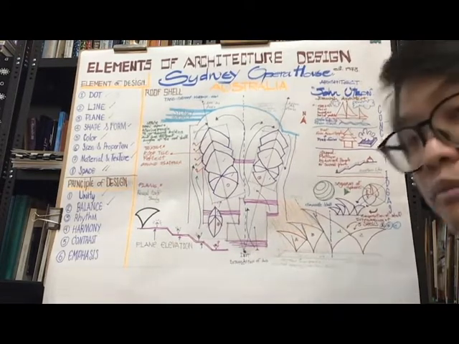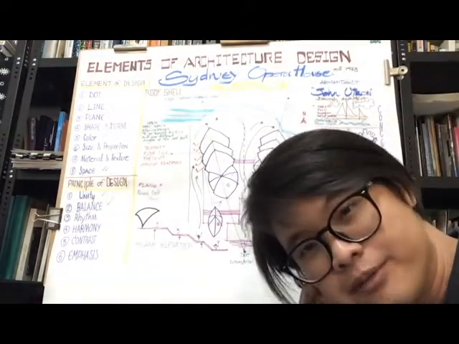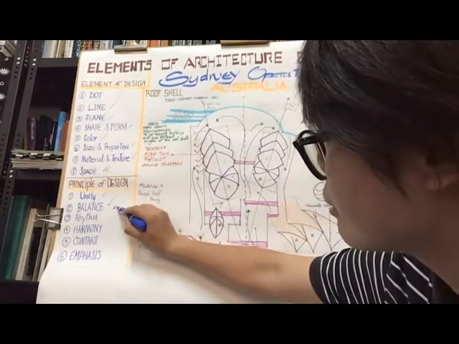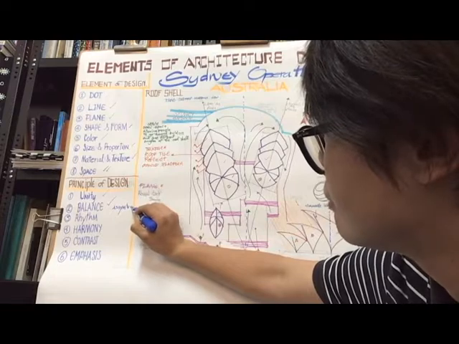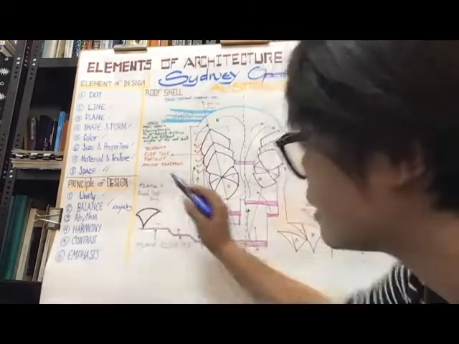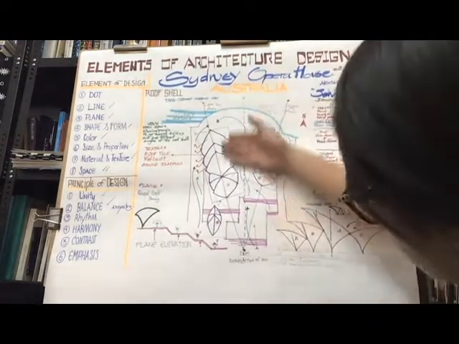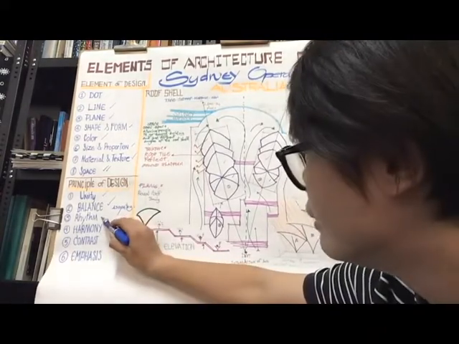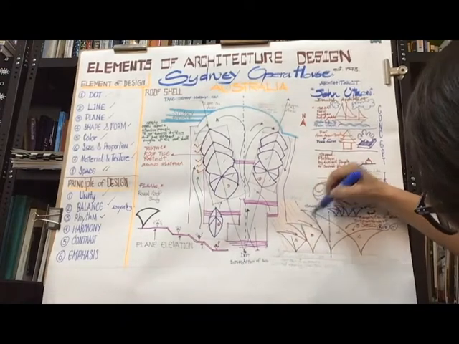There are symmetry, asymmetry, and radial. So this one is asymmetry balance. Asymmetry. So hope you don't forget that. Symmetry and asymmetry. So you see from the elevation, and also you see from the plan. Next one, rhythm. You see it anywhere. Rhythm.